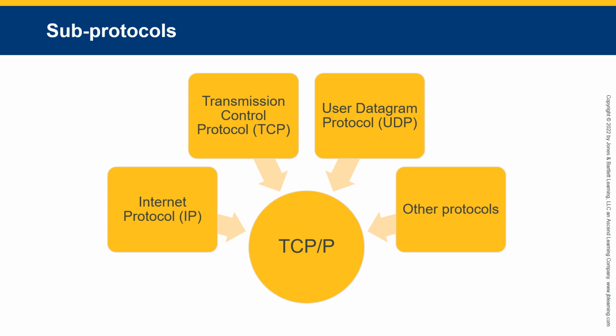And then we have other protocols such as ARP, Address Resolution Protocol, and ICMP. We have application layer protocols such as HTTPS or HTTP. We have transport layer protocols such as TLS for encryption. And a lot of these can be found on a list from IANA.